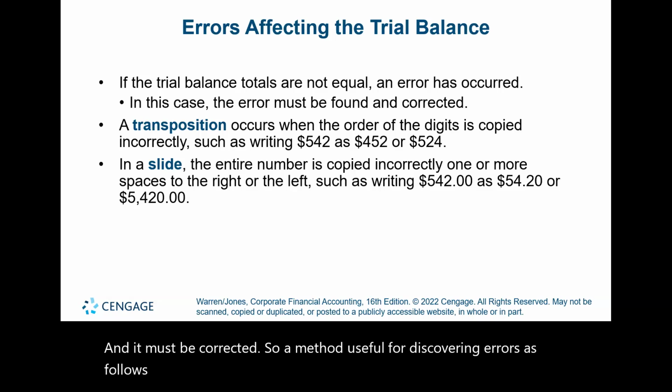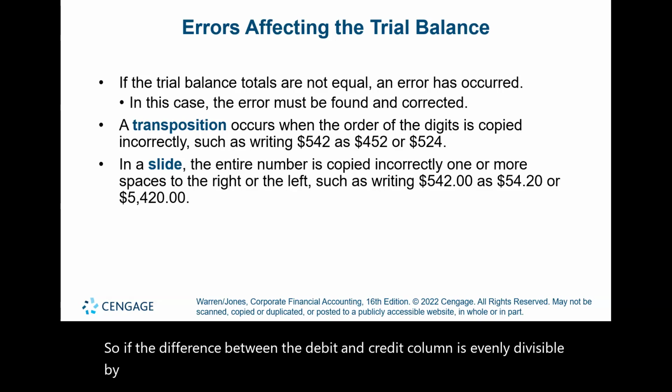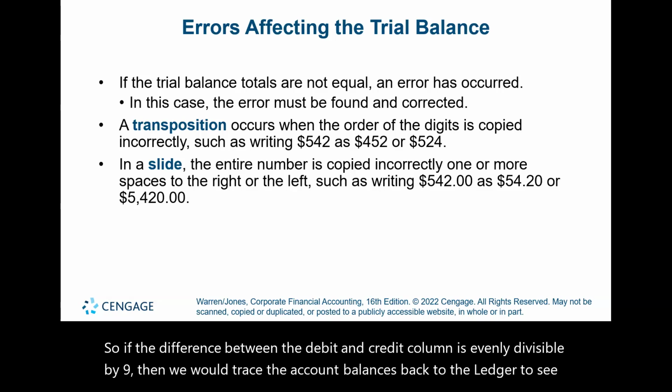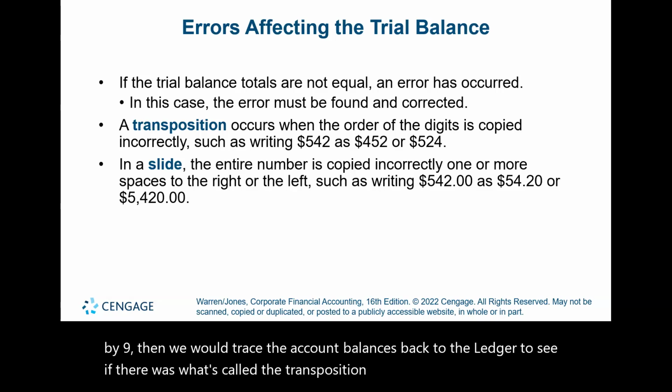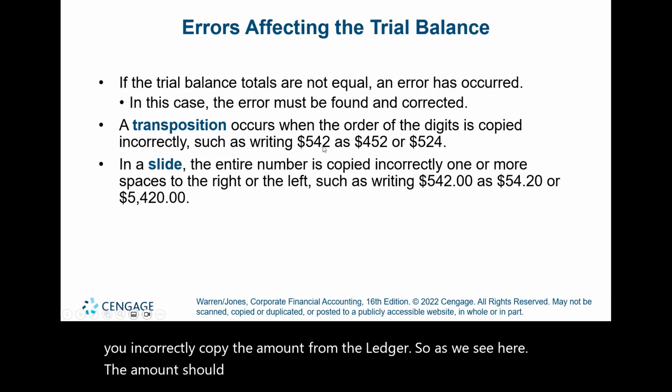So in the event that there's what's called a transposition error, if the difference between the debit and credit column is evenly divisible by 9, then we would trace the account balances back to the ledger to see if there was what's called a transposition error. So this is basically when you incorrectly copy the amount from the ledger. So as we see here, the amount should have been $542. However, as we recorded it, it was $452.